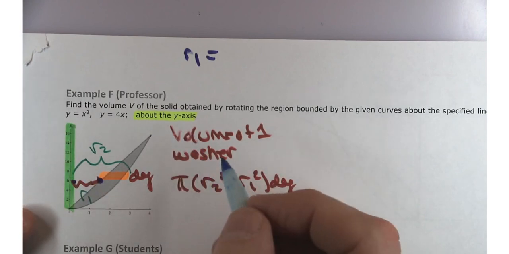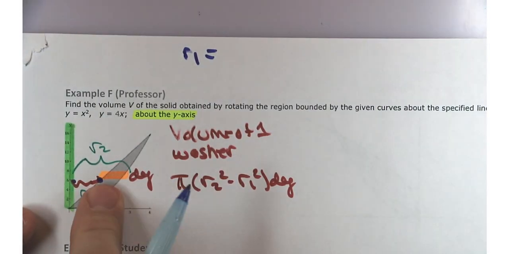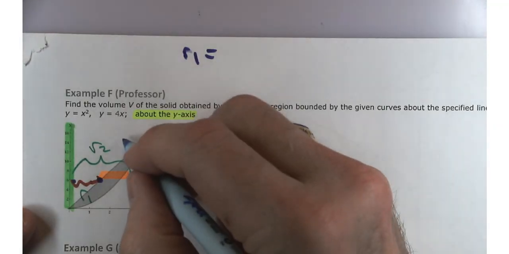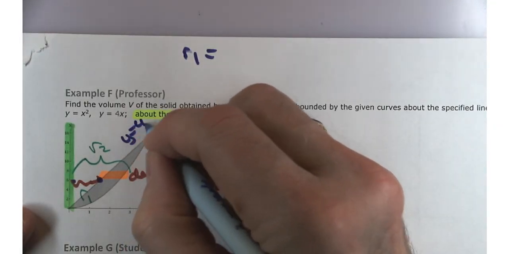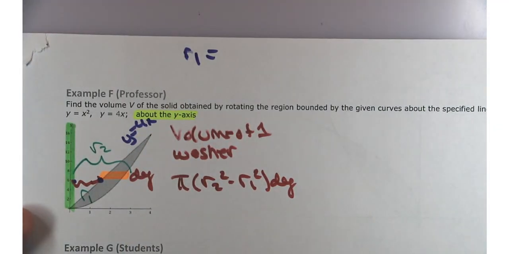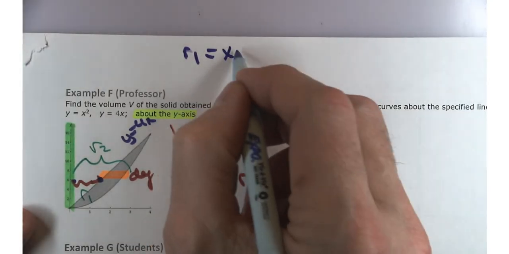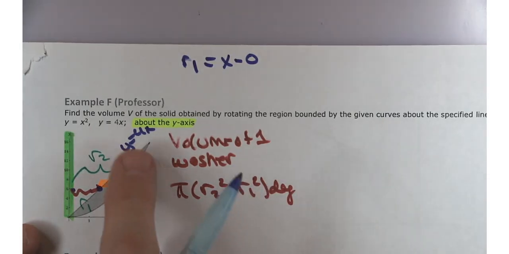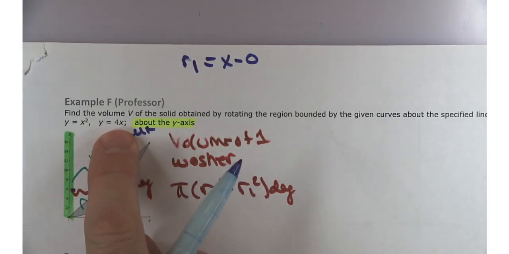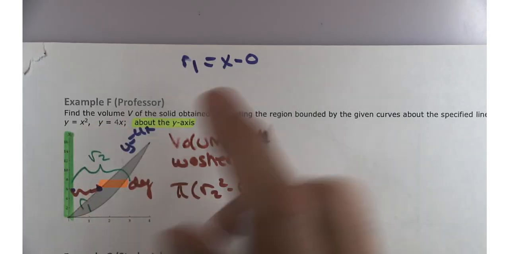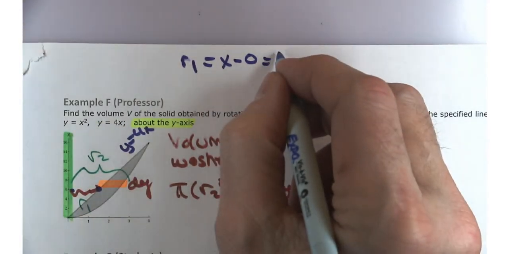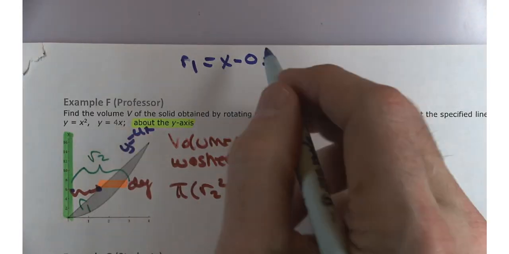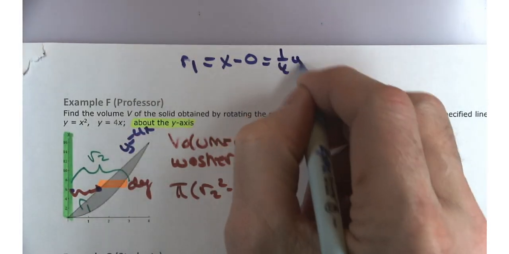It's coming from this function, which is y equals 4x. So it's going to be x minus 0 for that radius. But I need to solve for x in terms of y so I can make a replacement. What would x equal in terms of y? 1/4. Yeah, 1/4. Thanks, James. 1/4 y.